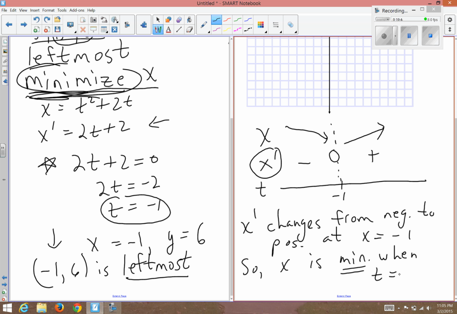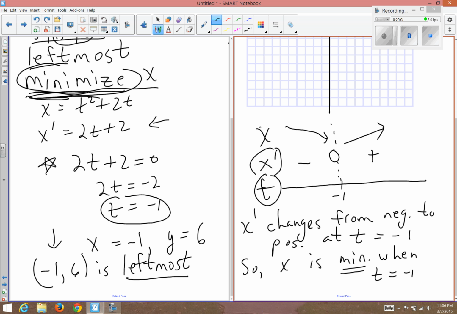t is negative 1. So I made a mistake here. This should say t also. X prime changes from negative to positive when t, this is t, get rid of this, is negative 1.